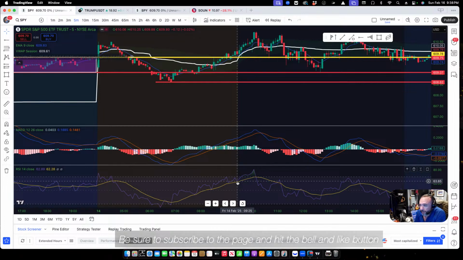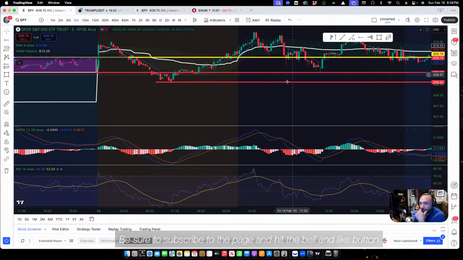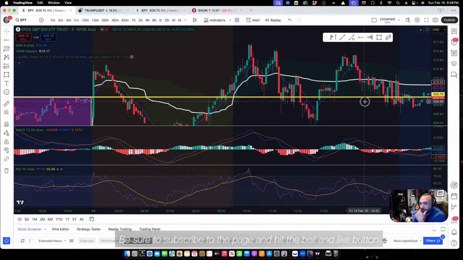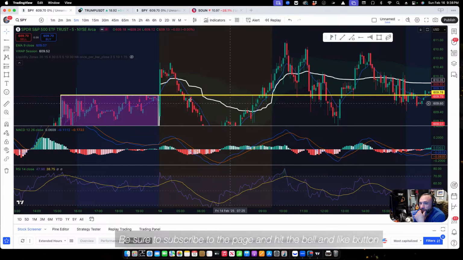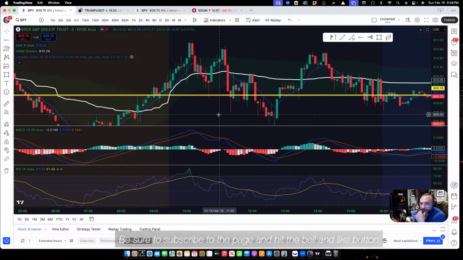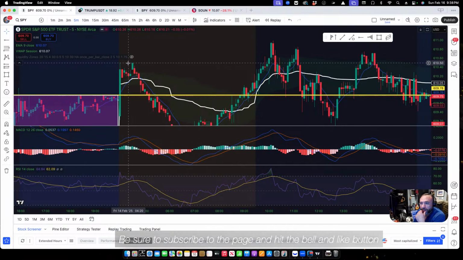It was at opening at a 60, so it had plenty of room to run even on a 5 minute. Now, here was what I wanted to do. I wanted to start closing candles over the previous day high, and the previous day high ended up becoming my support.